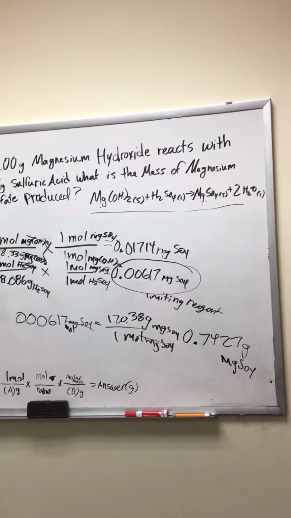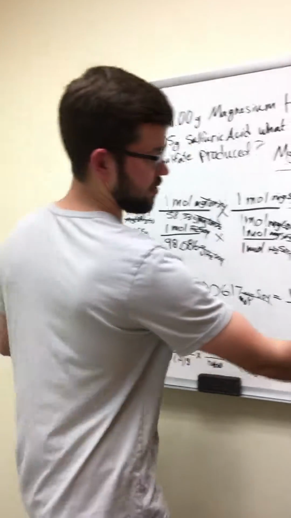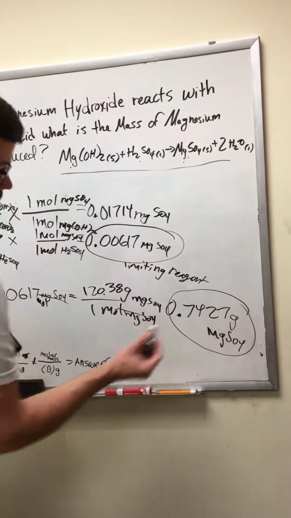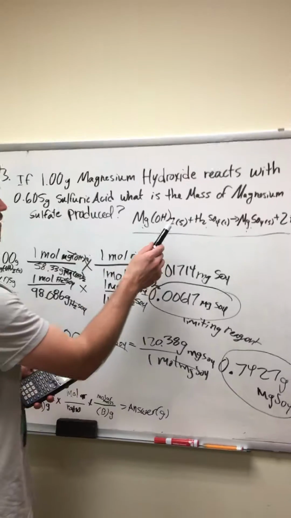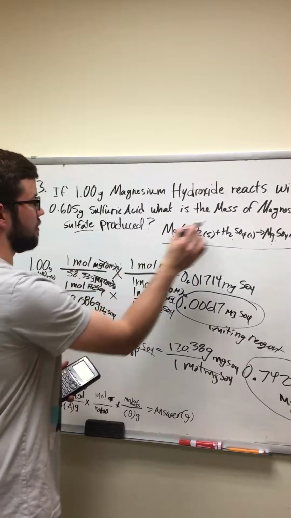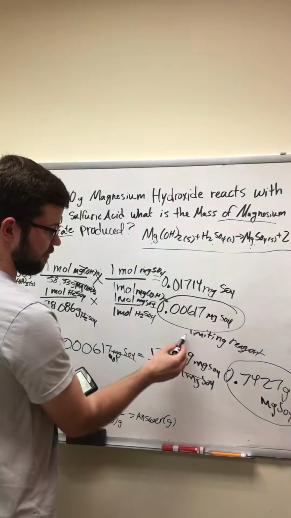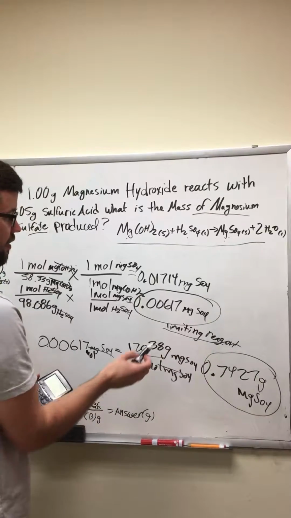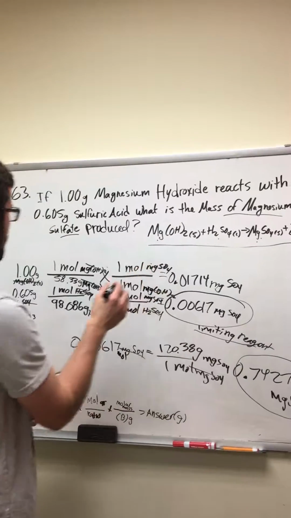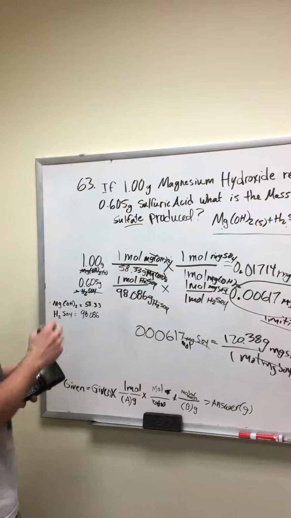And that is how much magnesium sulfate we can get from our limiting reagent of sulfuric acid.